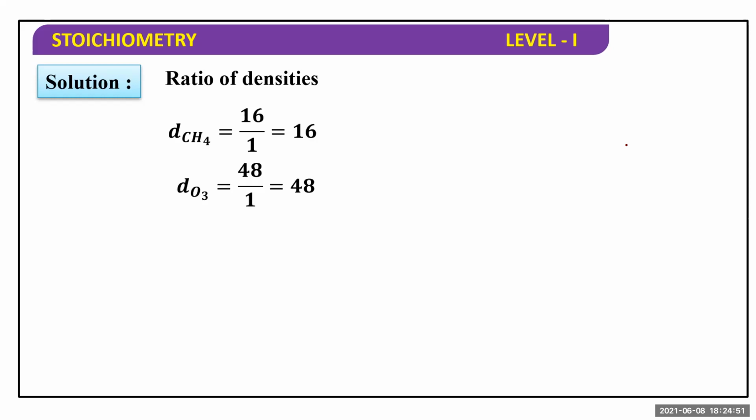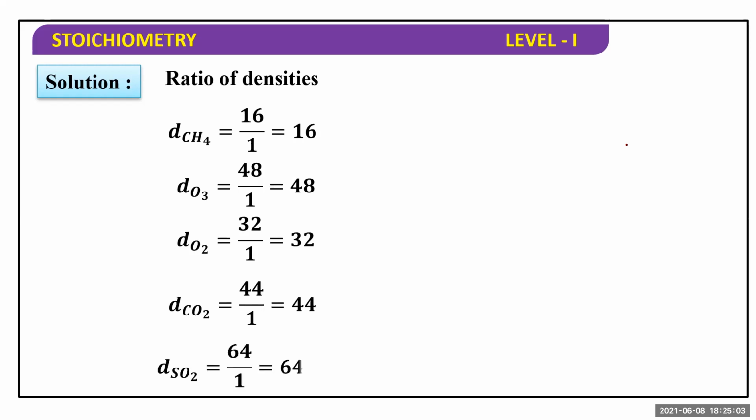Ozone is 48 and oxygen is 32, and carbon dioxide is 44. So double is 32. So option 2.